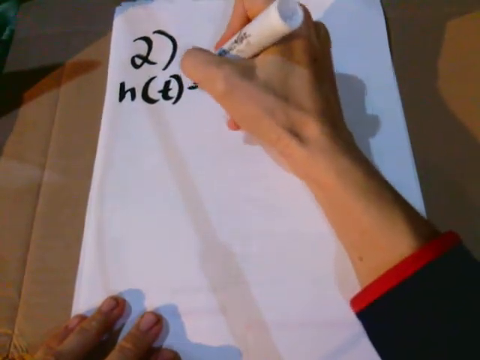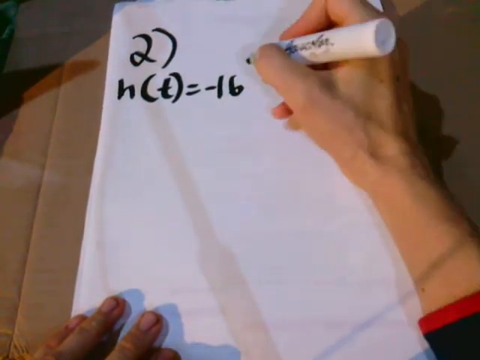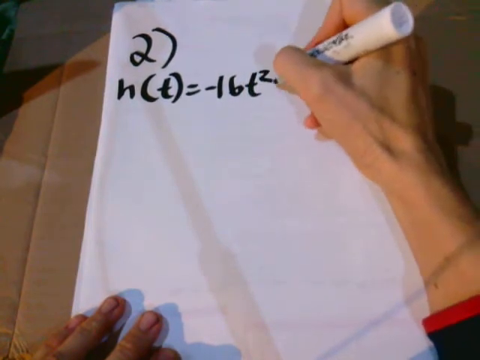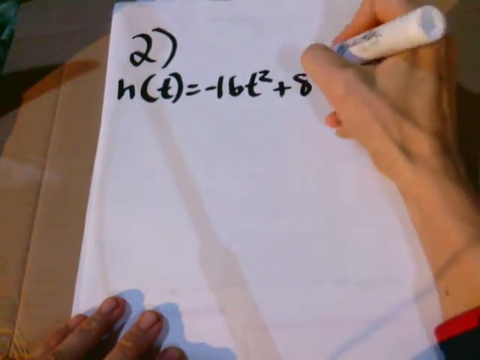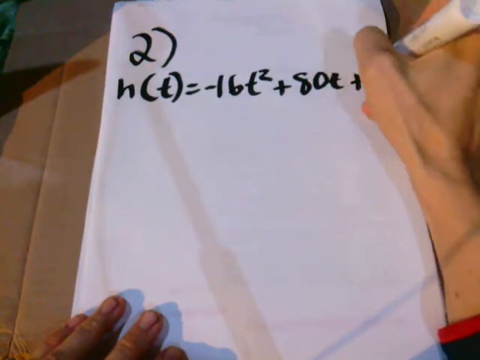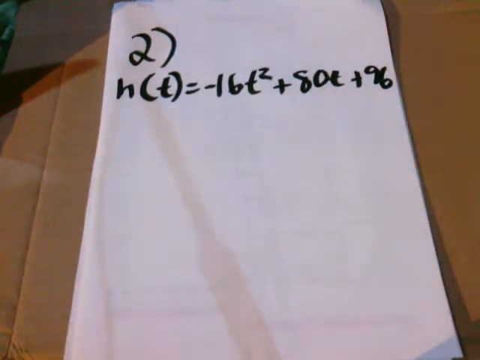H of t equals -16t squared plus 80t plus 96. Now let's think about the question. How long before the rocket hits the ground at the base of the building?